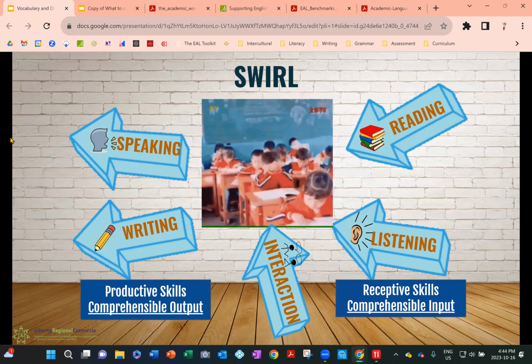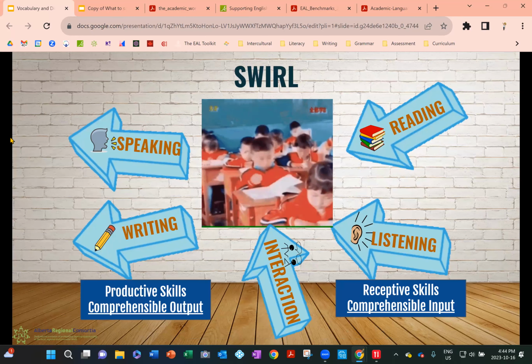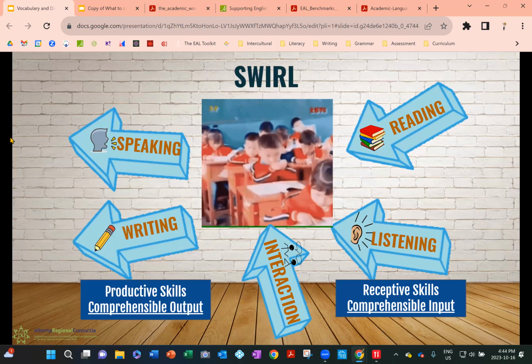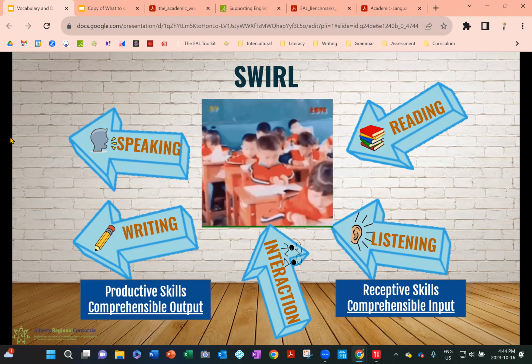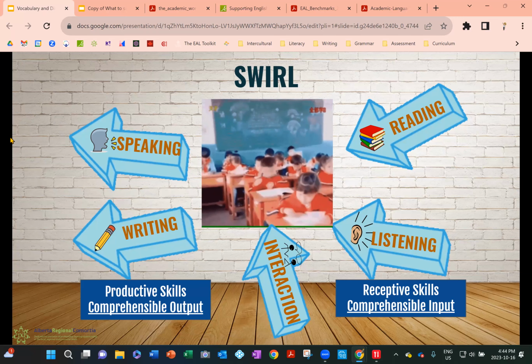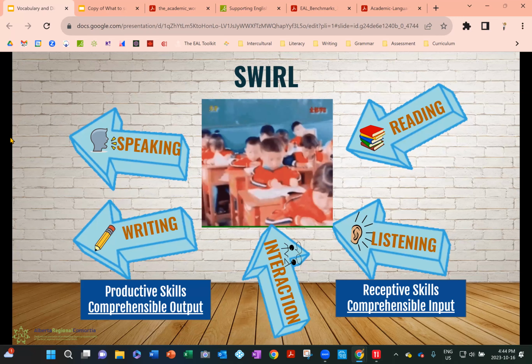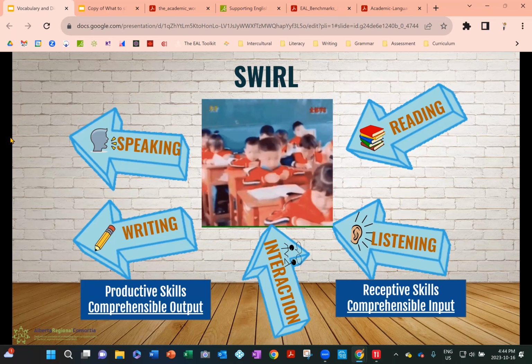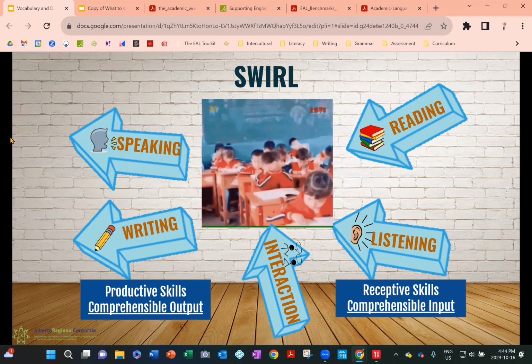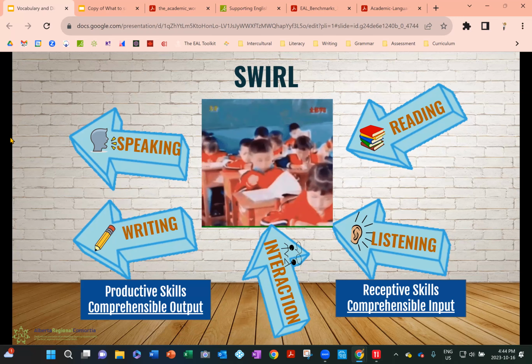And when we think about language, when we think about vocabulary, we need to remember that it's not just in a silo. If a student just reads a word, they're not going to have the whole depth and breadth of that word, sentence, or phrase.